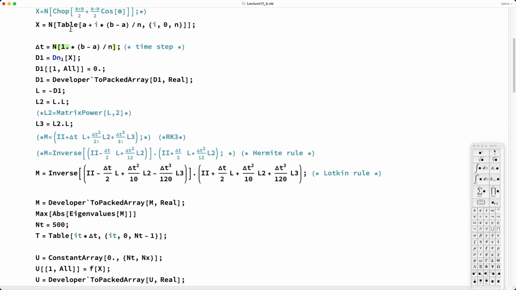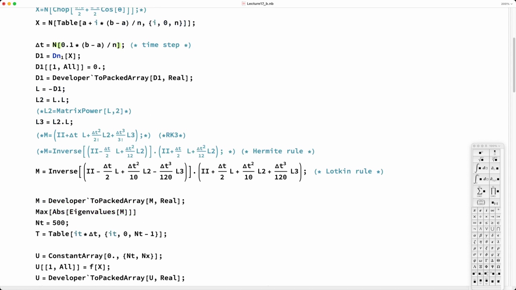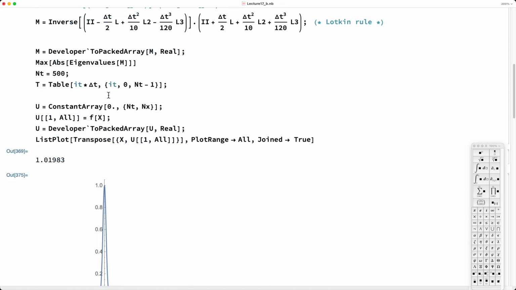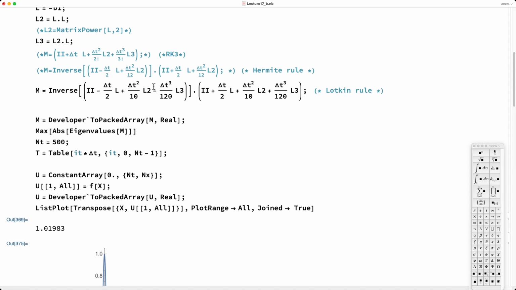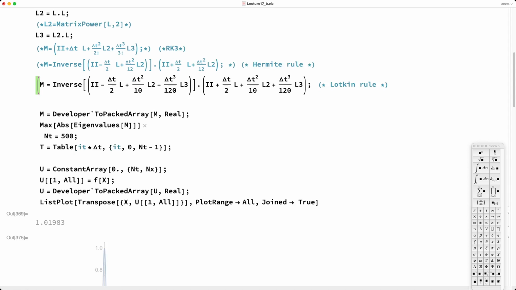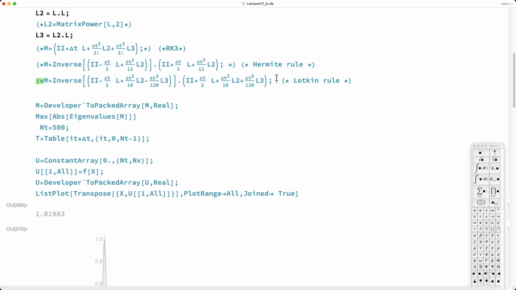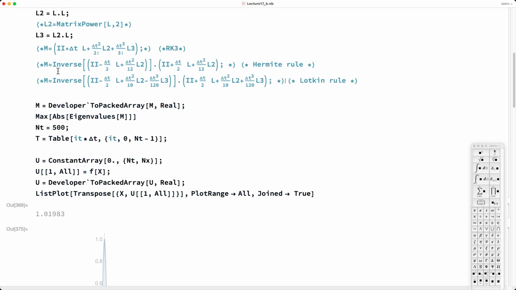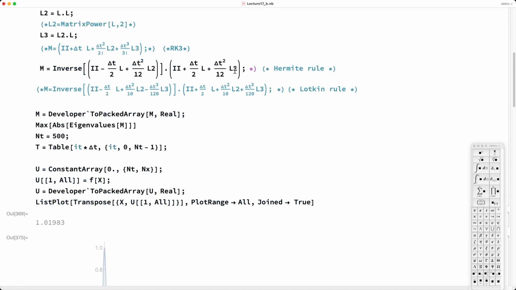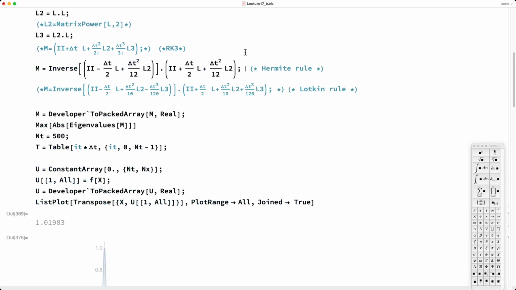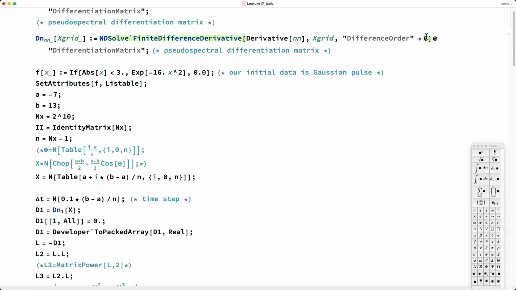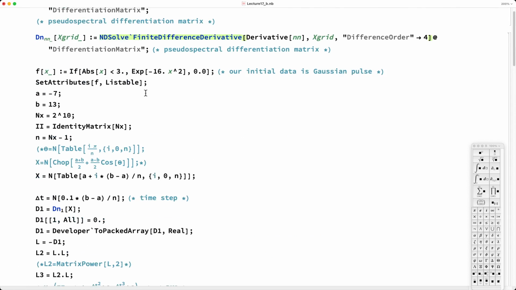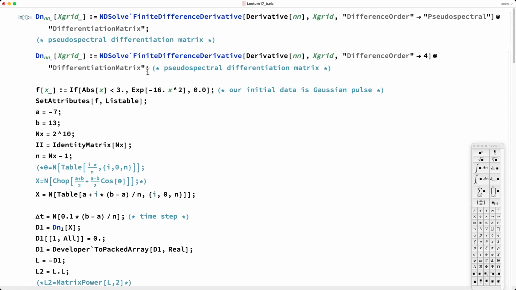to make sure you're not running into instability problems. So let's try a smaller time step. Okay, looks a bit better, but still probably not stable. Let's try a Hermite rule. So that would be 4th order finite differencing with a 4th order time integration method.